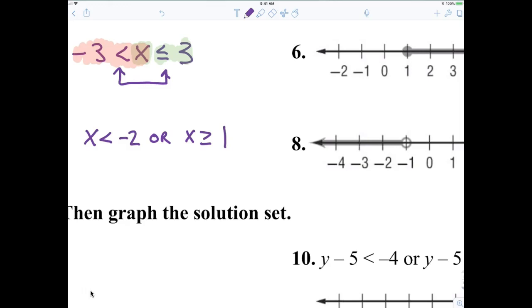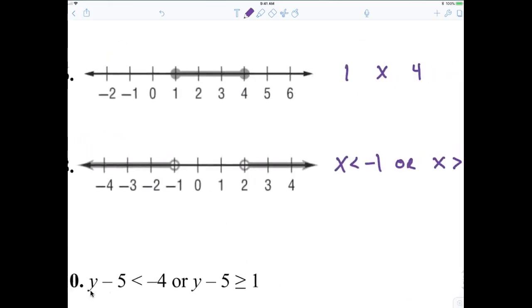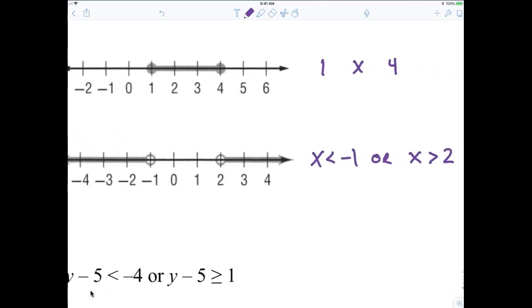That's why I like to start with the second one. So in this case, x is what compared to 4? X is less than or equal to 4. And then x is greater than or equal to 1. Is everybody good? It's not hard.